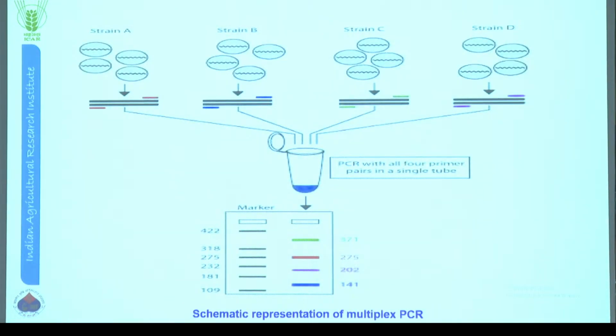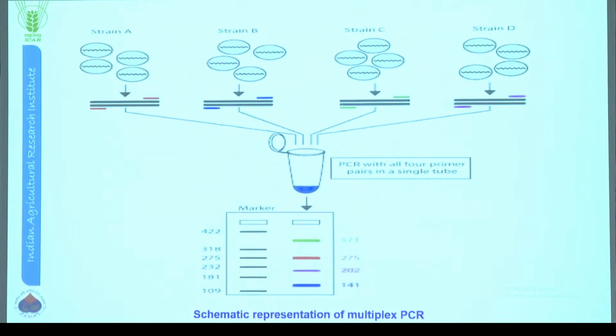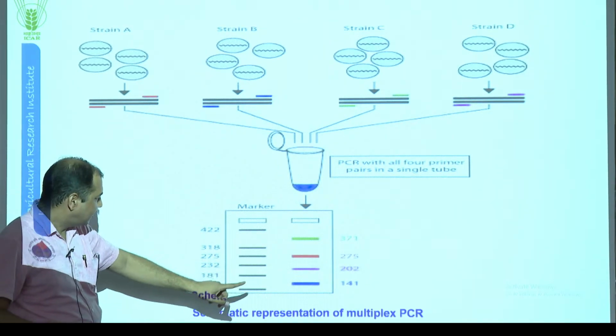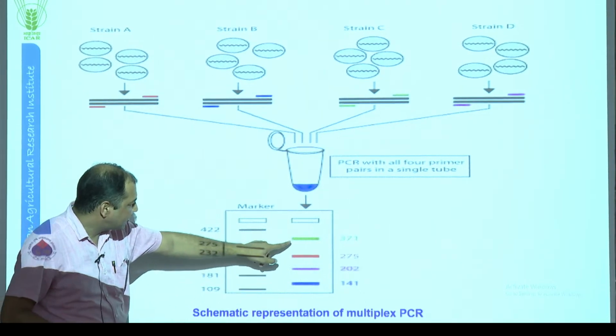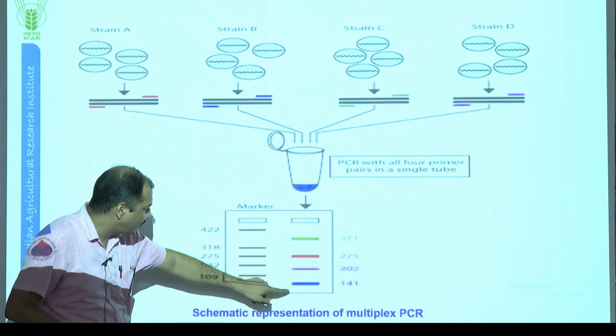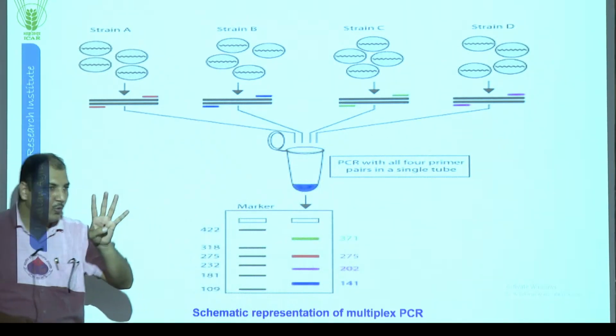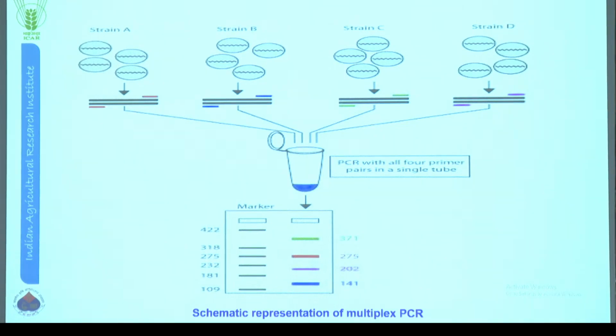In the flow chart you can see we have taken 4 primers, then 4 types of pathogens, 370 base pair, 275 base pair, 202 and 141 base pair. In the same single PCR, 4 bands are coming, it means 4 pathogens are there. Is it clear? So, it is also easy, but the standardization is very difficult in this case. With the same Tm value all primers should work, otherwise it will not amplify.